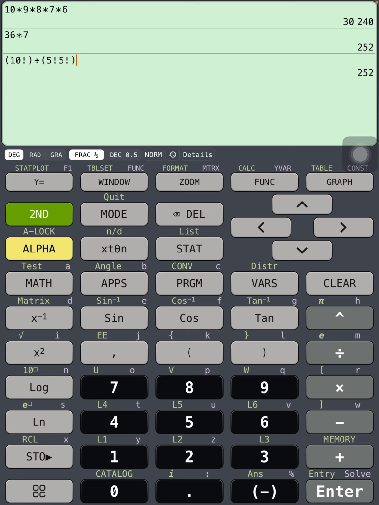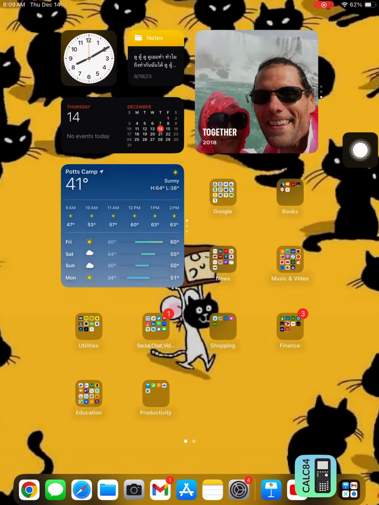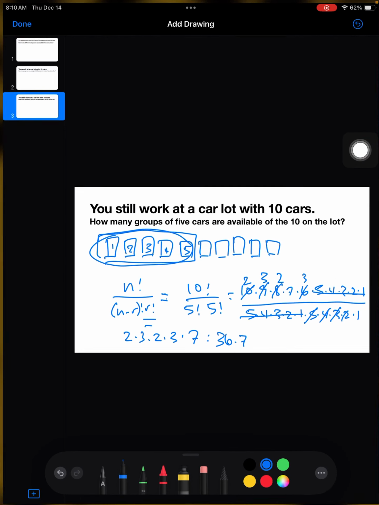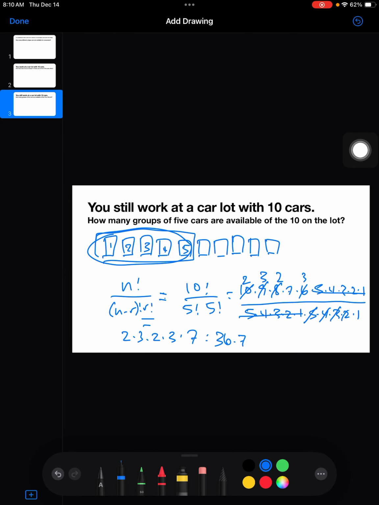And indeed, that's 252, but there's still an easier, faster way. 10 choose 5 is going to give us 252. So there are 252 possible groups that we could take of those 10 cars to display in front of the showroom or whatever.